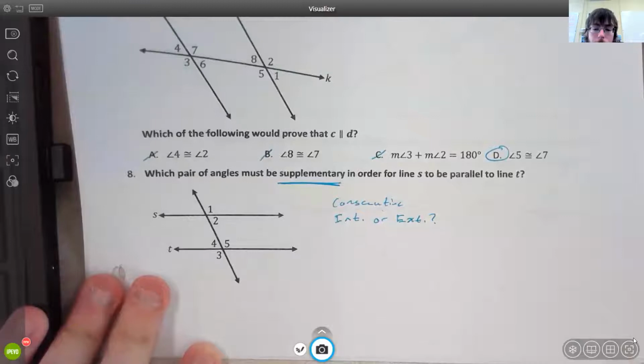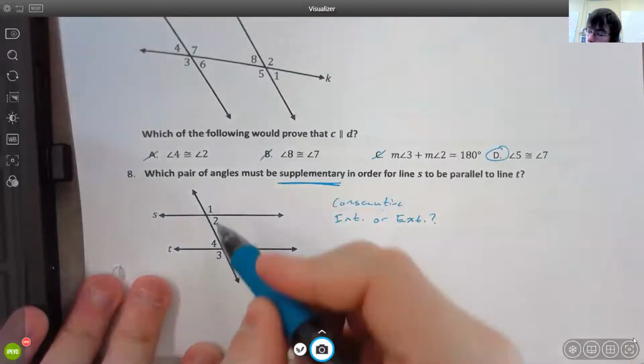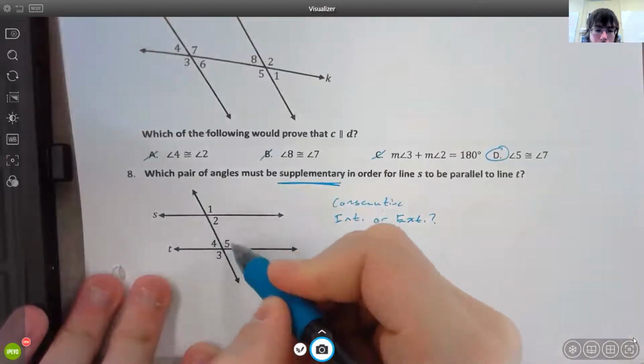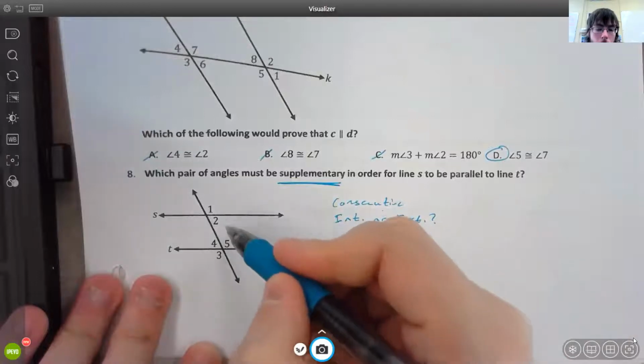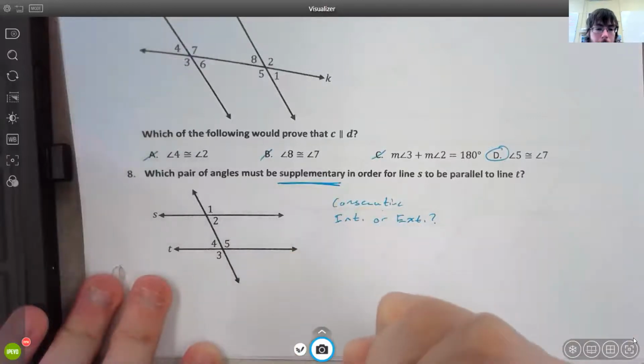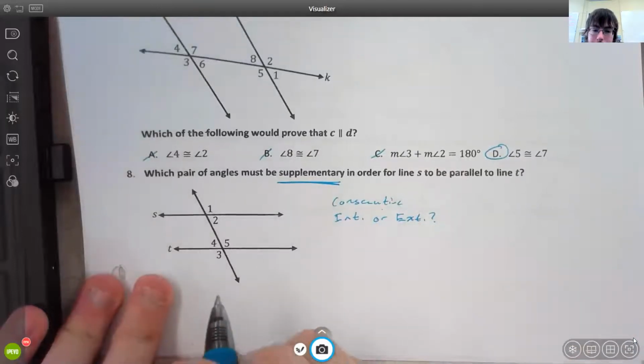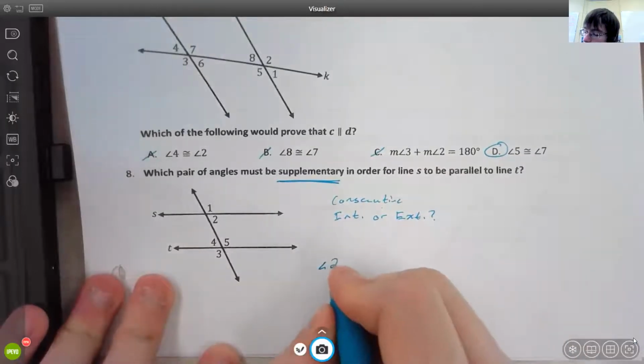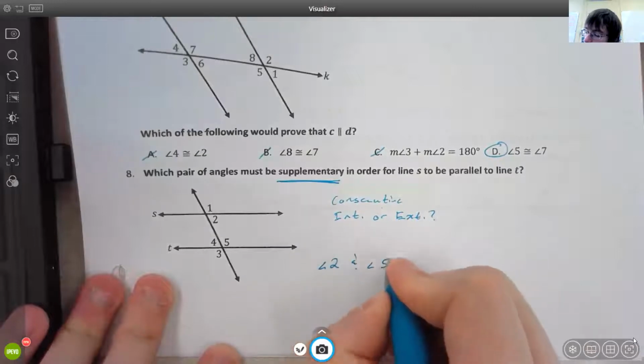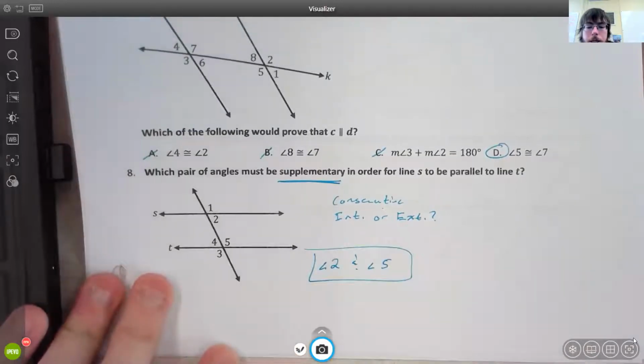You should be able to spot it real quick. Angles 2 and 5 are consecutive interior angles, and those must be supplementary for S to be parallel to line T. So your combination would be angle 2 and angle 5. That must be supplementary.